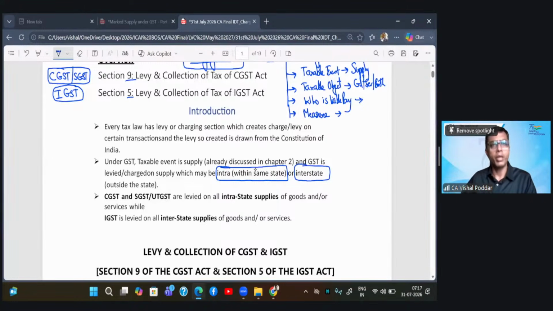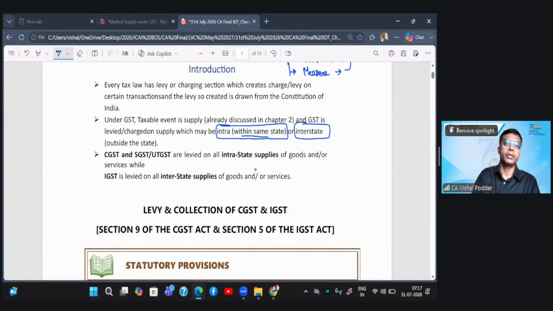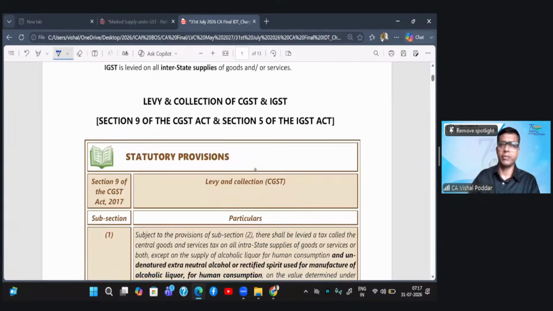But broadly, CGST, SGST law applies when the transaction is an intra-state supply, which simply means a transaction happening within the same state. And when a transaction happens between two states, then what is applicable is IGST, that is for interstate supply.